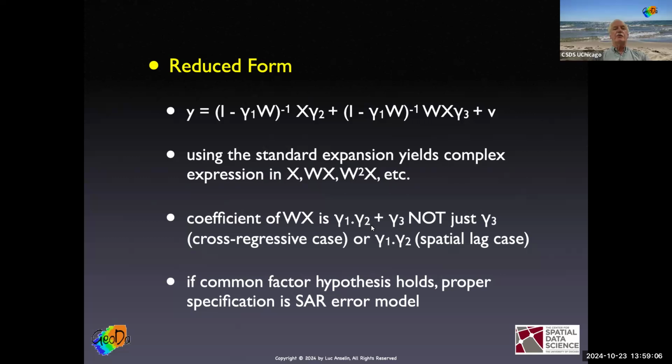You have the first part, which we called rho times beta, and then you have a second part, which is the coefficients of the corresponding Wx. So there's a greater effect of the immediate neighbors. In the spatial lag model, the effect of the immediate neighbors, that's Wx, is rho times beta. In the spatial Durbin model, it's rho times beta plus gamma.